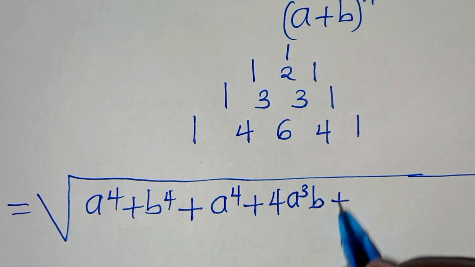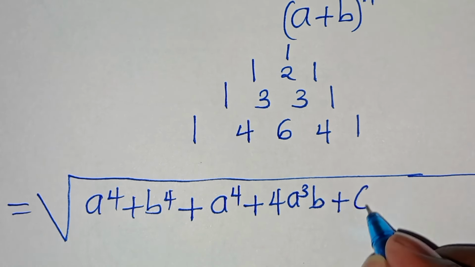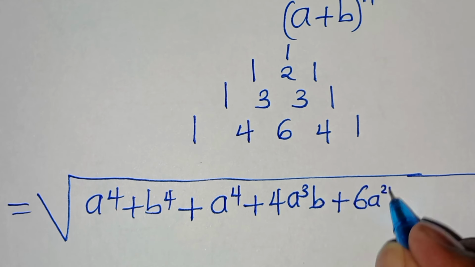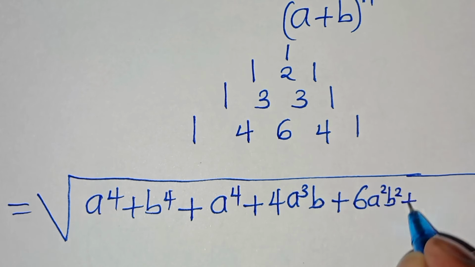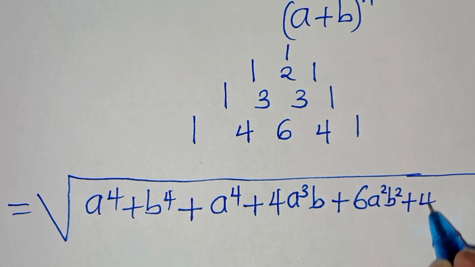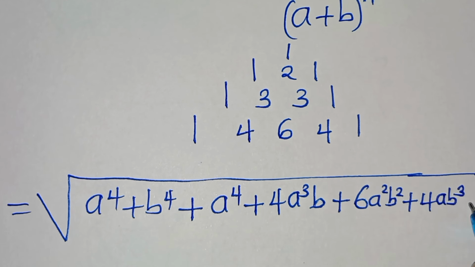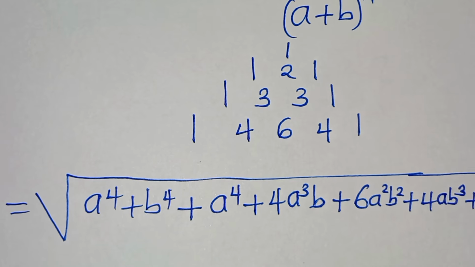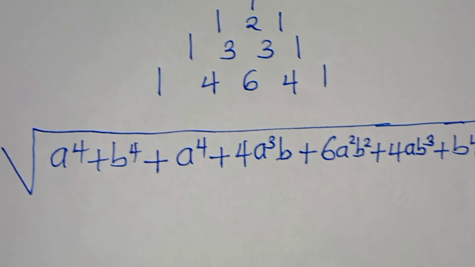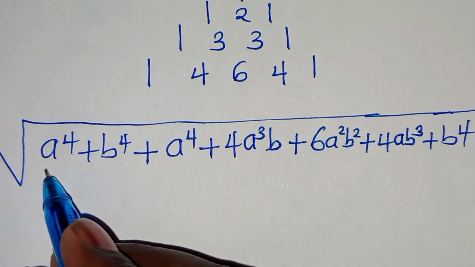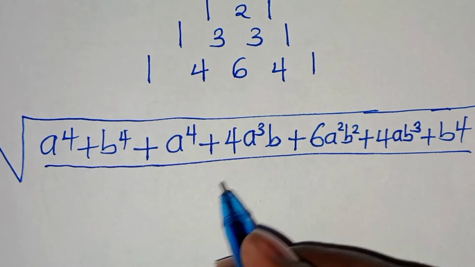Then plus 6 a to the power of 2 multiplied by b to the power of 2, then plus 4 a b to the power of 3, then lastly plus b to the power of 4. So everything here is divided by 2.